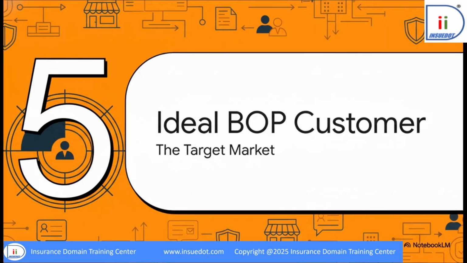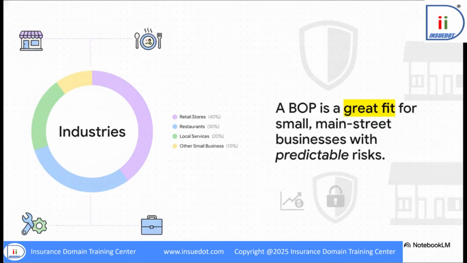Okay, so if this product is all about efficiency through standardization, then who is the ideal customer? Let's define the exact target market this product was engineered to serve. As you can probably guess, the target market is what we'd call Main Street: retail shops, restaurants, small offices. The key insight here is that these businesses all have a very similar and, more importantly, a very predictable risk profile.